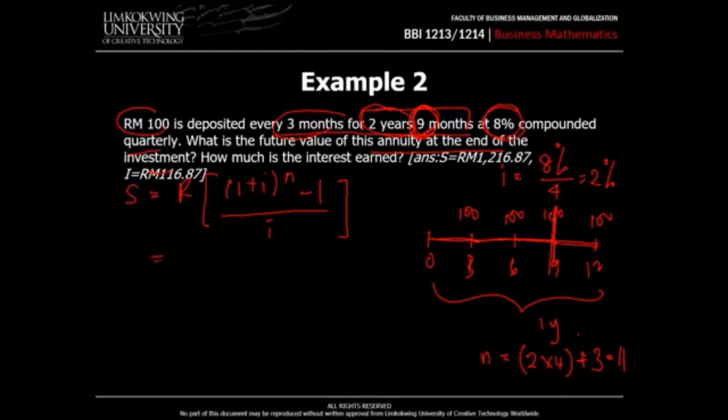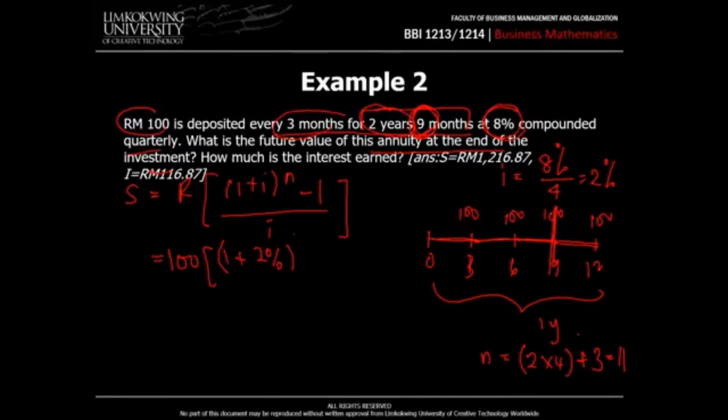What is the value of R? 100. Okay, 1 plus, what is the I just now? 2%. Don't put only 2, it is 2%, so you have to divide by 100.